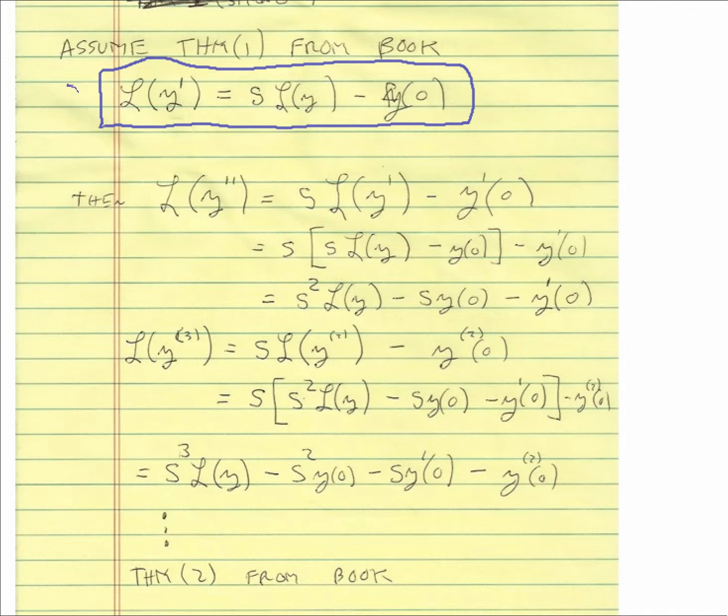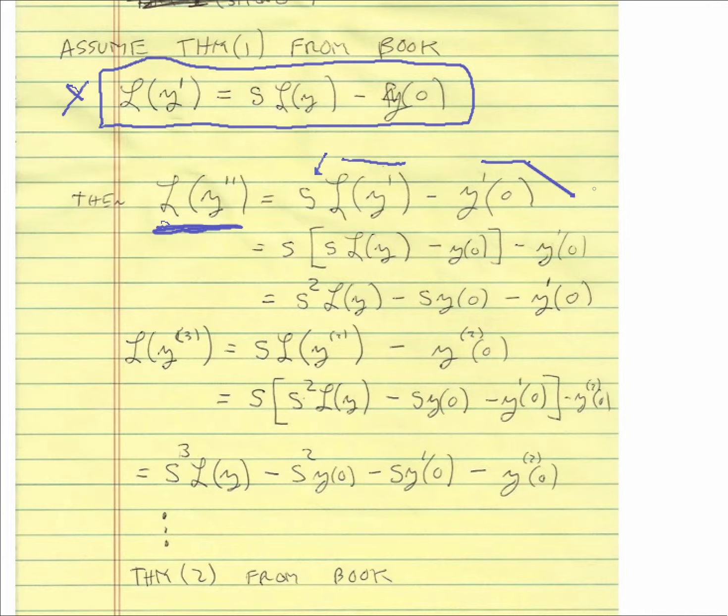So if we use this formula, look what we can do. We can calculate the Laplace transform of the second derivative of some function y. Using this formula, that's equal to s times the Laplace transform of its antiderivative, or the first derivative, minus the first derivative valued at 0.